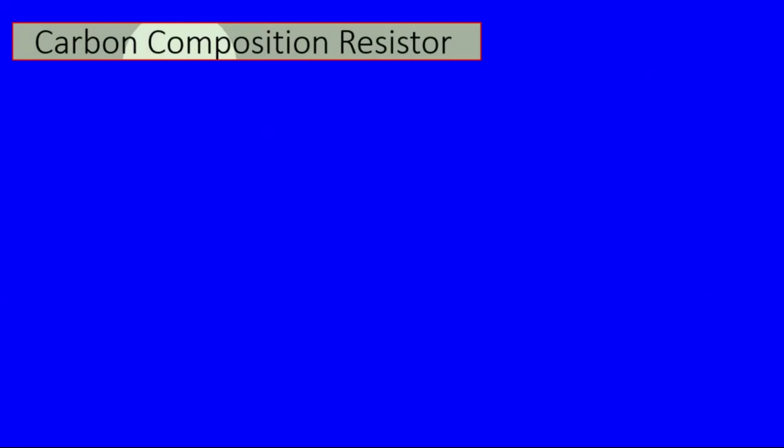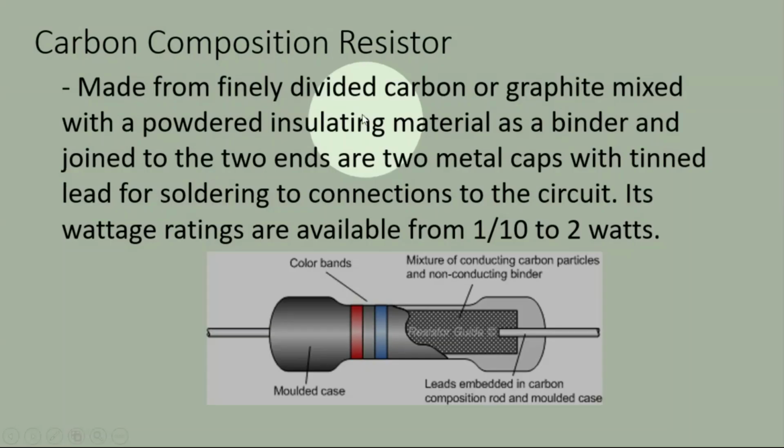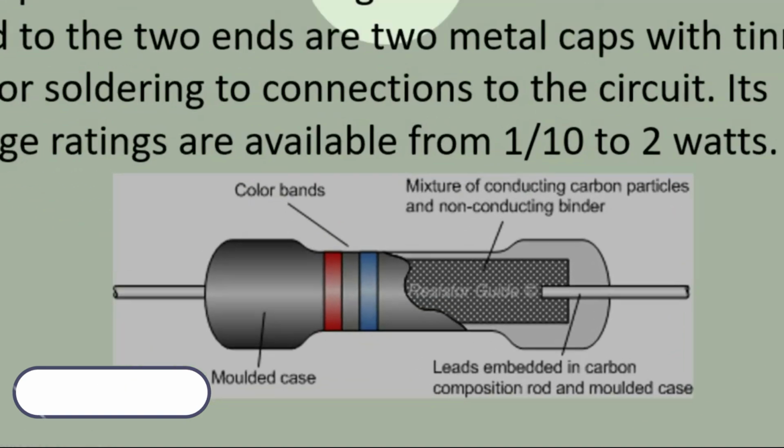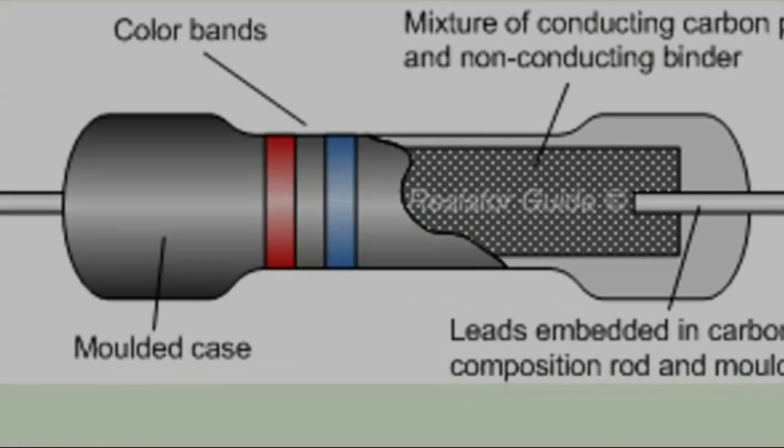Now for the carbon composition resistor, this is another common type of resistor aside from the wirewound resistor. This is the figure. It is actually finely divided carbon or graphite mixed with a binder, a powdered insulating material.